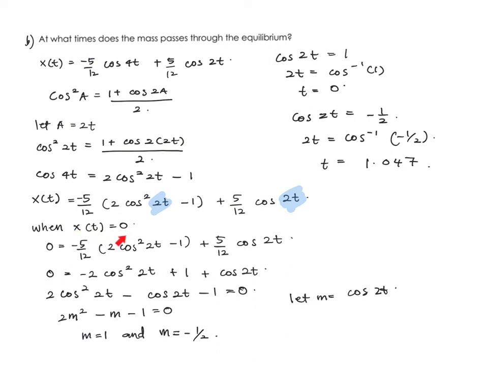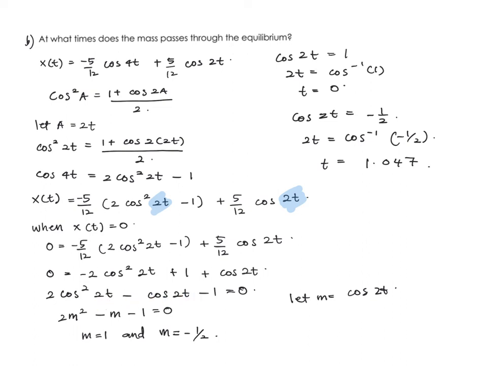So what time? We need to find t when xt equal to 0. So substitute 0, and then expand. Okay, move to the other side, so we have a positive value for this side.